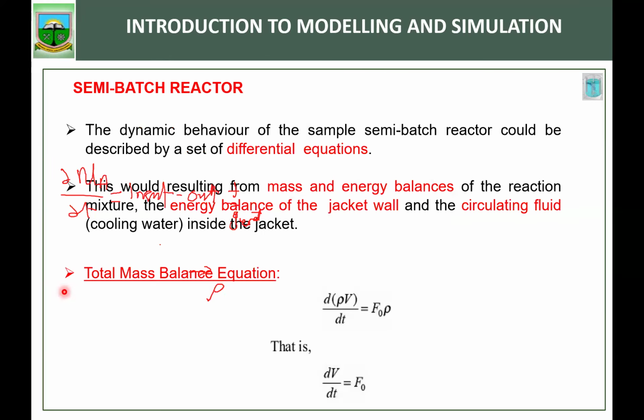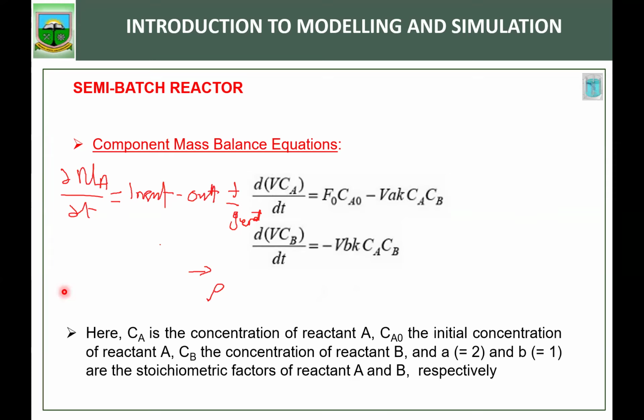So we can come here and establish A in terms of its concentration. We know that NA here is equal to V times CA, right? So we can now write this as the differential of VCA over dt. So we can find the formation of A with respect to time here.